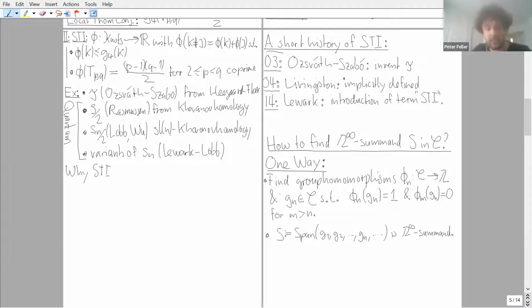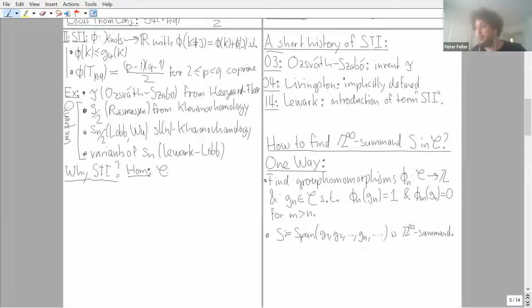Why would you want to study slice-torus invariants? Now that we have some examples, let me remind you of a result by Hom. And it's appropriate for the state you are in, if not the city.